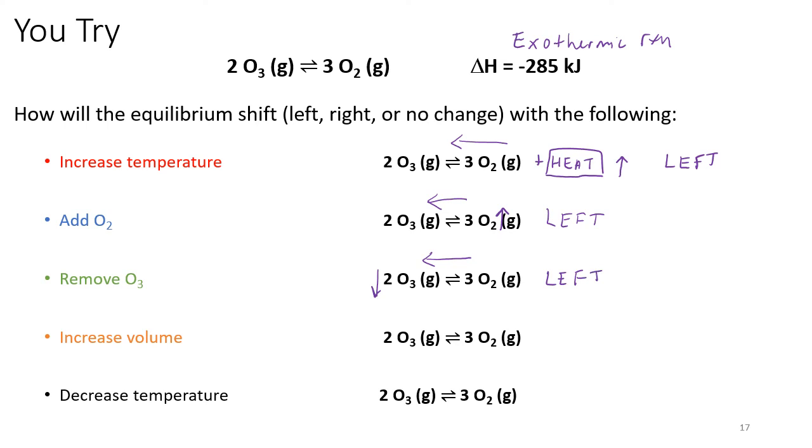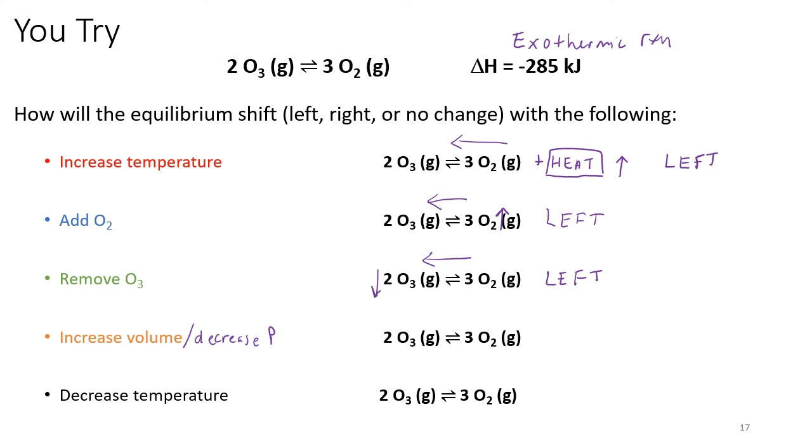If we increase the volume, or in other words, decrease the pressure, at a lower pressure, we're going to allow the reaction to have less stress from the gases that are present. So at a decreased pressure, we can shift to the side with the greater number of moles of gas.